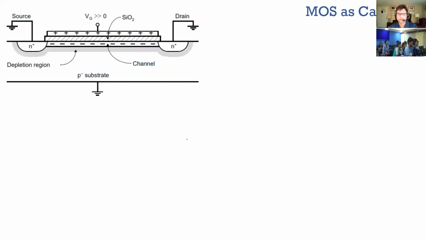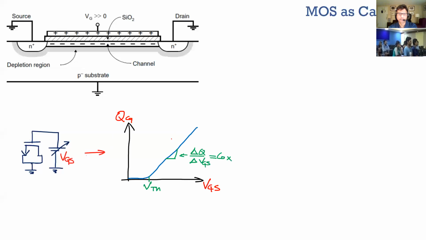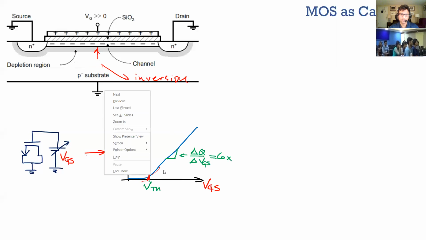MOS is a capacitor. Again, just quickly go through it. If you just take the two terminals, short them, and apply a gate voltage, that acts like a capacitor, which means that after the threshold voltage of the gate, this charge, which is called inversion because the channel gets inverted from a P-type to an N-type, starts forming just like a capacitor. So your charge will increase linearly with VGS, so the slope of that should look like Cox.